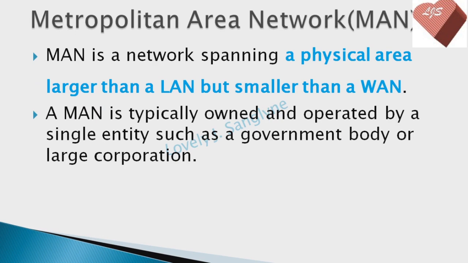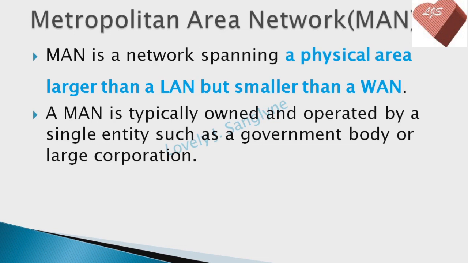A MAN is a network spanning a physical area larger than a LAN but smaller than a WAN. In the previous section, we discussed a LAN, and the example I gave was a school computer lab.